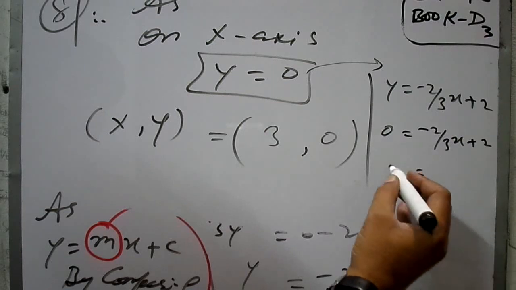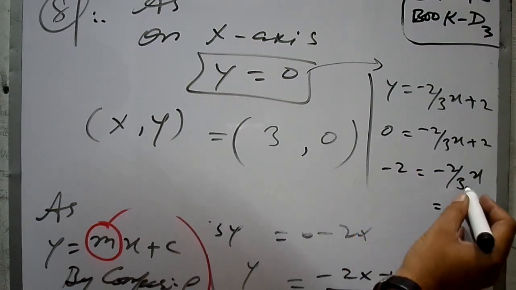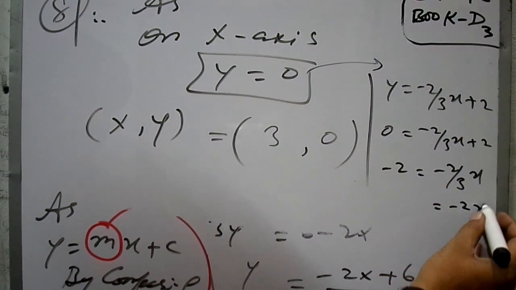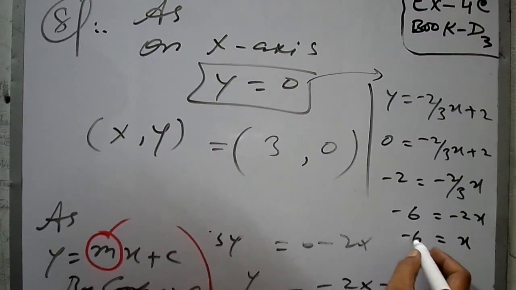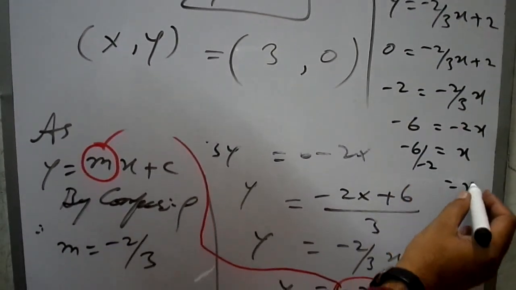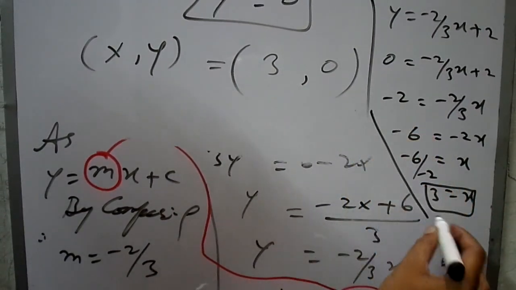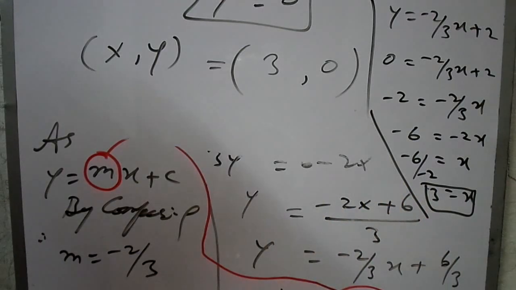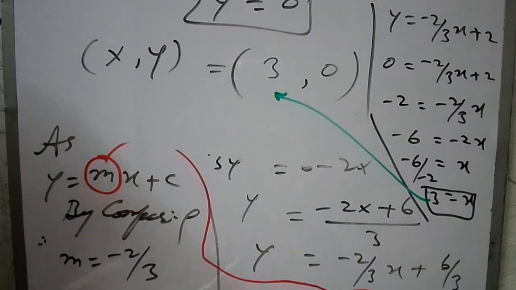So shift it, that is your minus 2 by 3x equals 2. So the value of x, by using cross multiplication, minus 2x is equal to 6, and the value of x is minus 6 by minus 2. You will get the value, 3 2s are 6, so here x is 3.